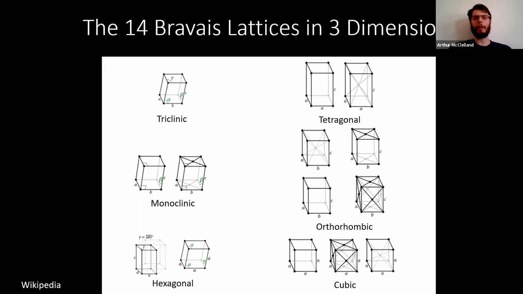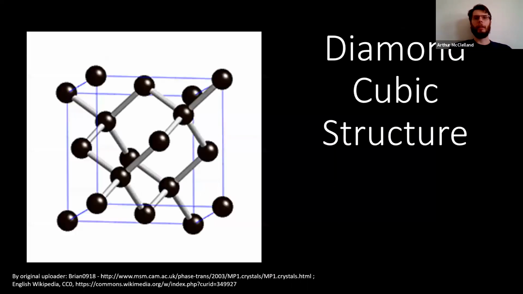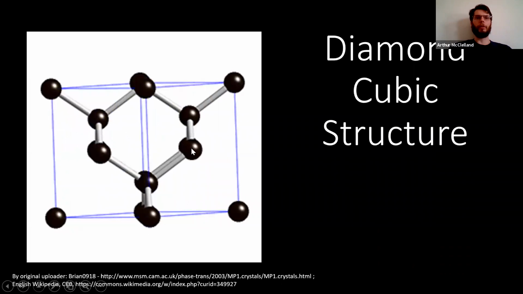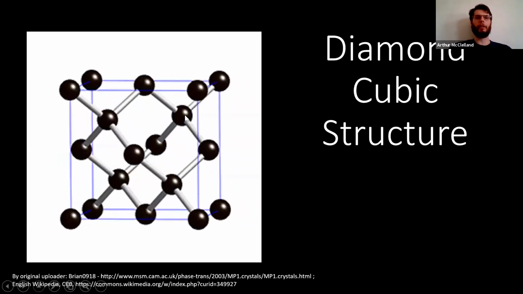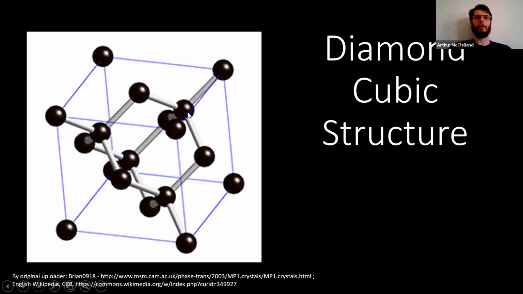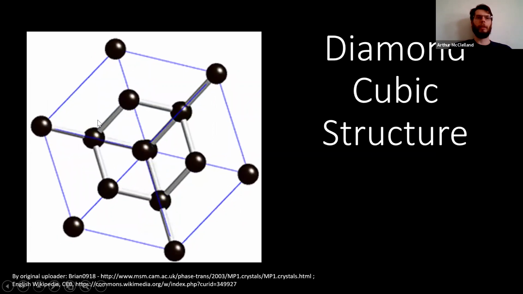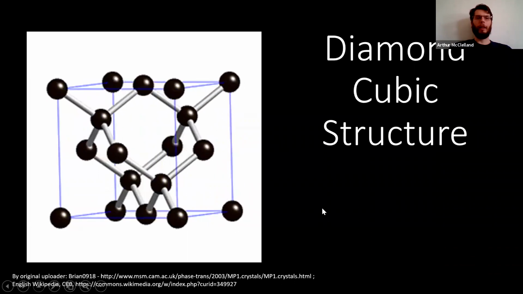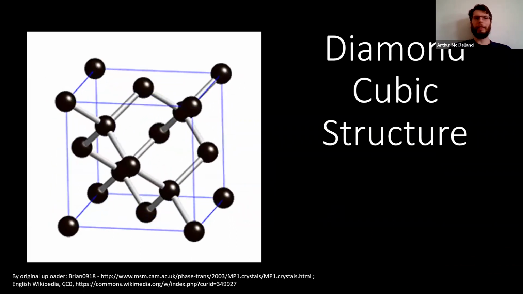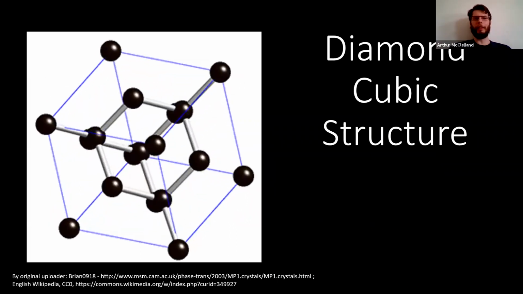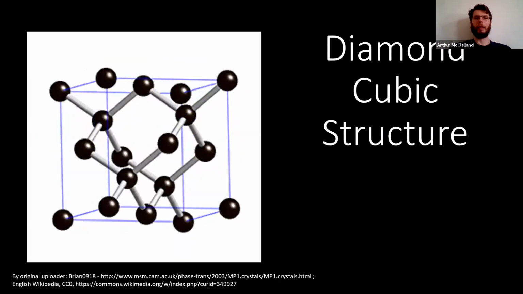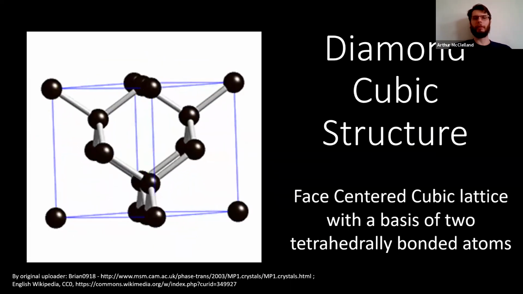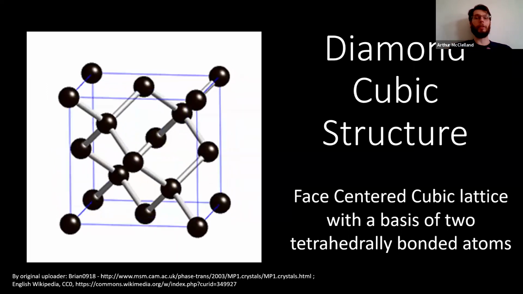In silicon, it's two silicon atoms at each of these sites. And that's how you end up with this structure. So here's the face atom, and then there's the second atom. It's easier to sit with a cup of coffee and think about it a little more. But it is a face-centered cubic lattice, and the basis is two atoms.